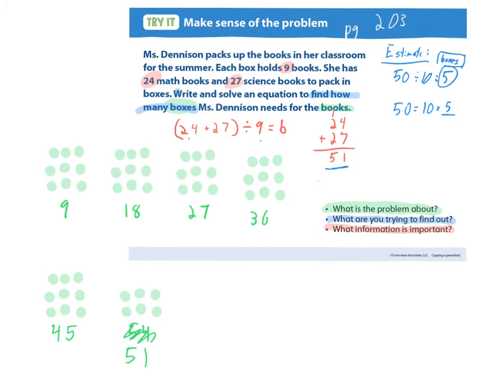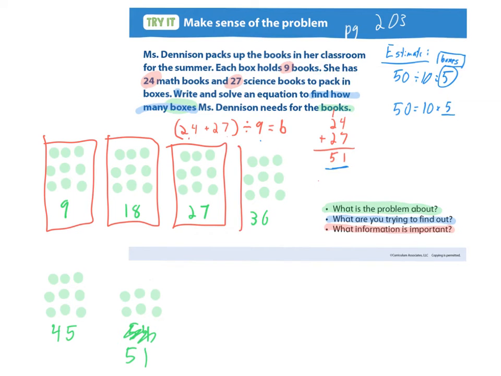So how many boxes do I need? Think about it. Well, here's a box, 2 boxes, 3 boxes, 4 boxes, 5 full boxes. So the question again is, how many boxes does she need for the books?